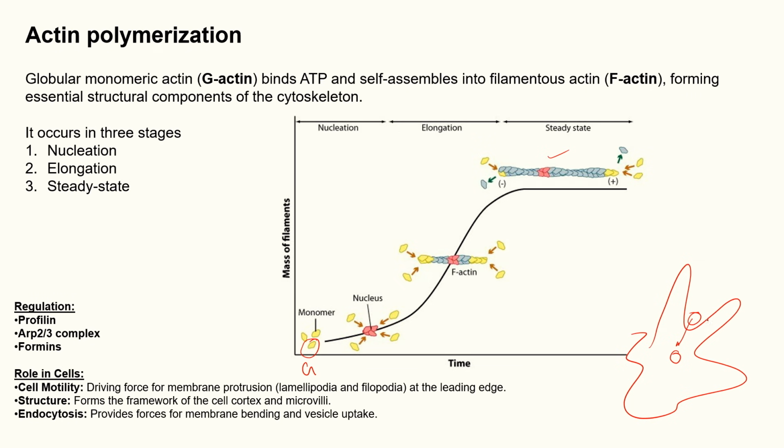So this whole process of actin polymerization is divided into 3 stages. One is called nucleation, second is called elongation, and the third is called steady state. That means the combination of these 3 processes can lead to the production of the filamentous form of the actin.